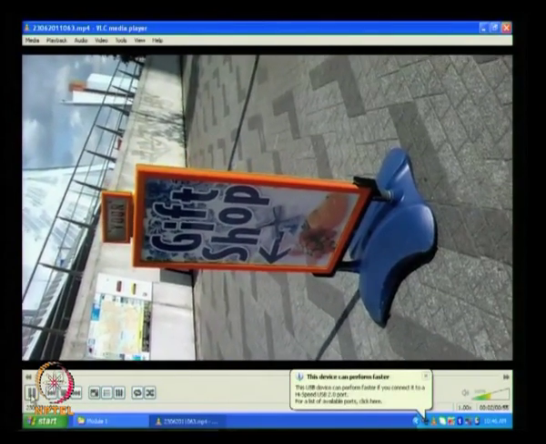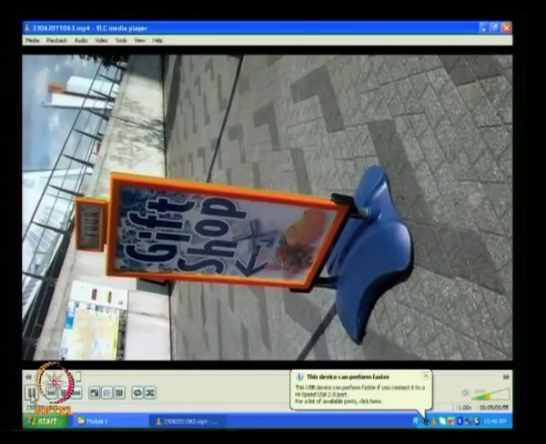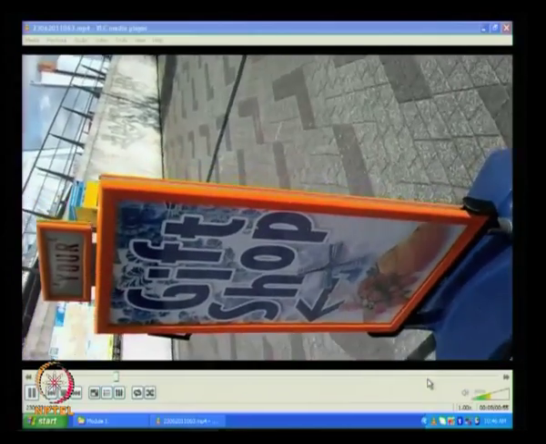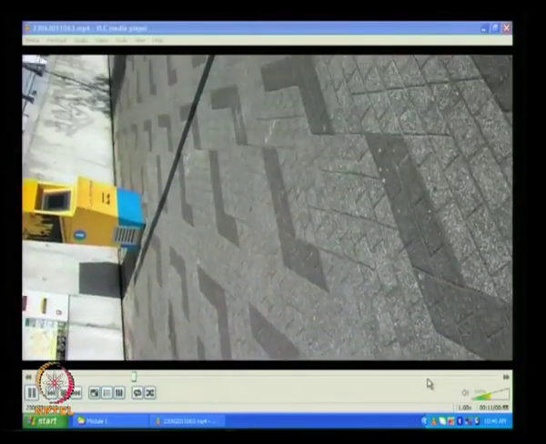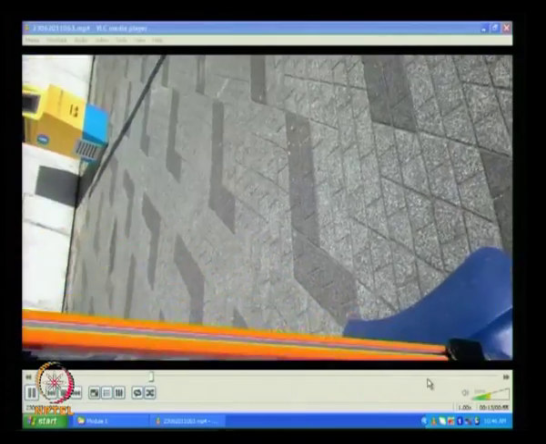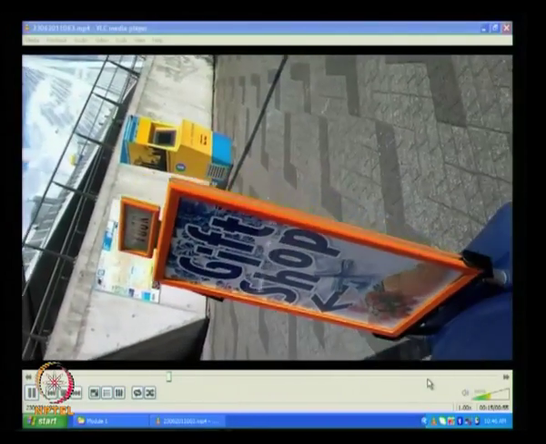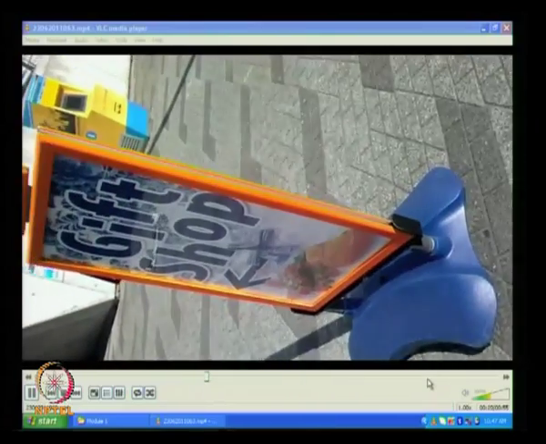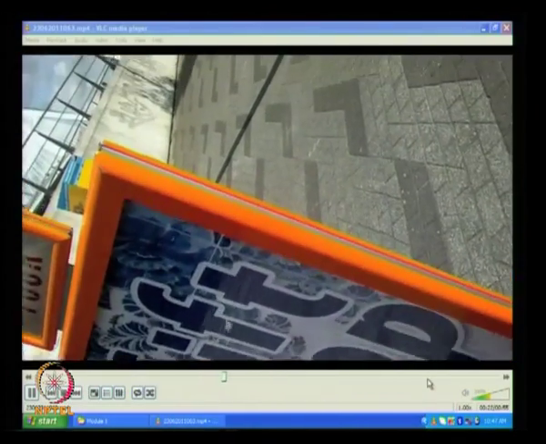So, look at this board, I have deliberately taken it horizontal. So, no foundation, it is resting on the floor as it is. So, look at the connection at the bottom, it is subject to very high wind pressure.